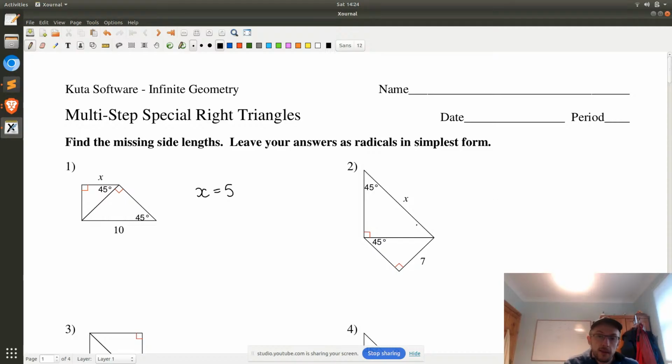Now in this case, the length of the leg of the larger right triangle would be 7 root 2, but then we have to times by root 2 again, so x would be 14.